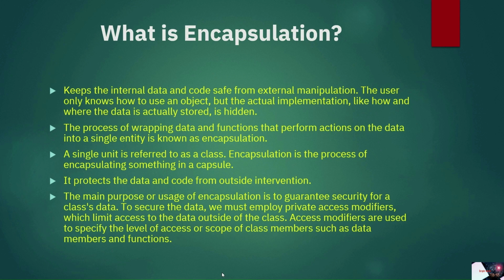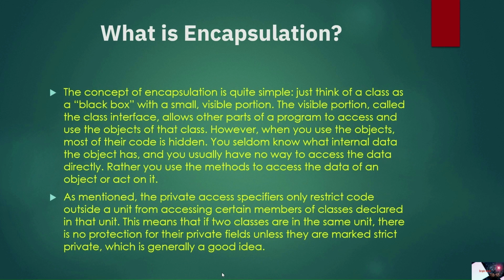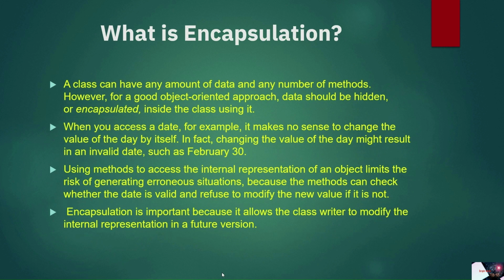So we make our class data members private or protected, and that way we can limit direct access from outside of the class. The access modifiers are used to specify the level of access or scope of the class members, such as data members and functions. So here are a few more points I mentioned about encapsulation in detail, right?